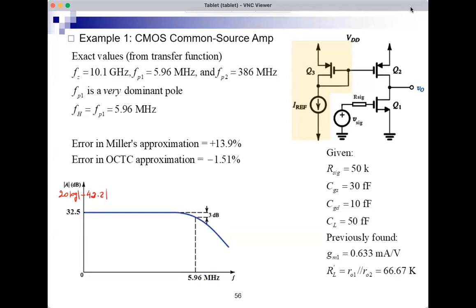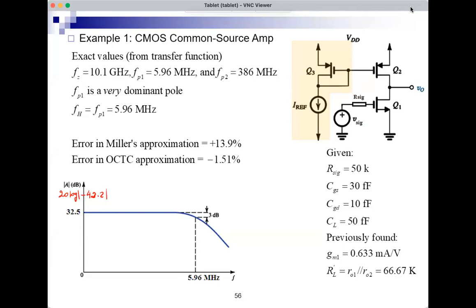So these are typical values, actually. The OCTC will give a few percent, Miller will give a larger error. The nice thing about Miller is that it really simplifies the analysis. And you will see that we kind of like it, even though it has a larger error. OCTC is not bad, it's not too complicated.